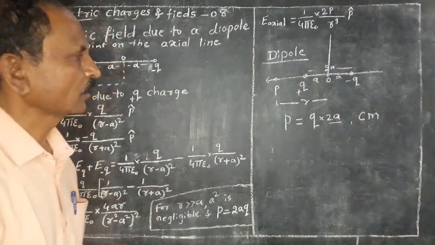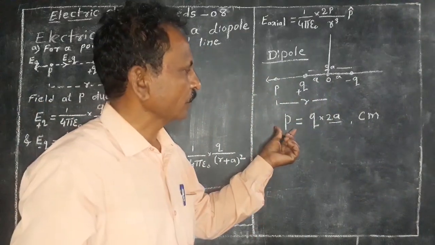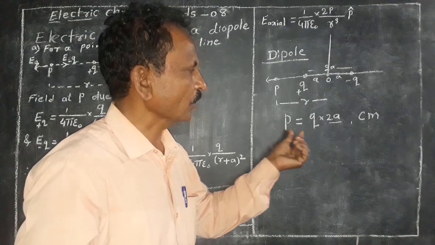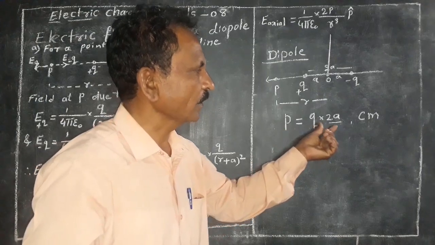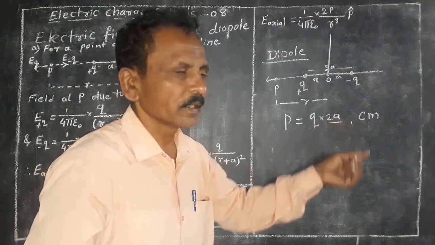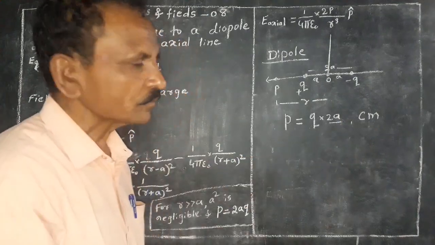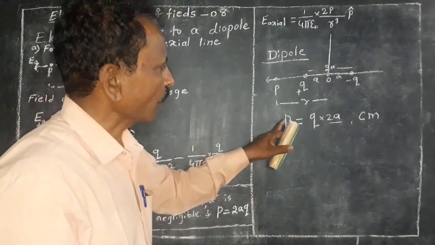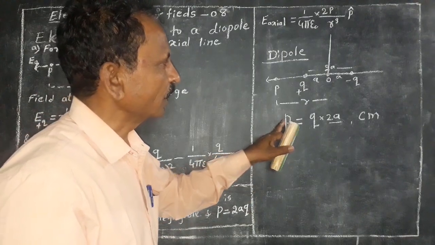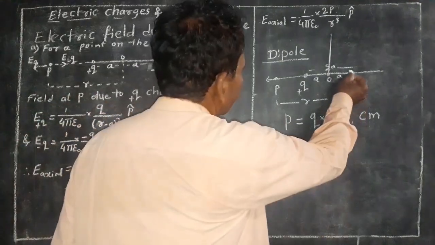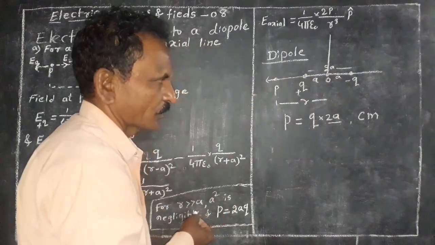Therefore, dipole moment is the product of either of the charges and the dipole length. Its SI unit is coulomb meter, not centimeter. And the direction of dipole moment is from minus q to plus q.